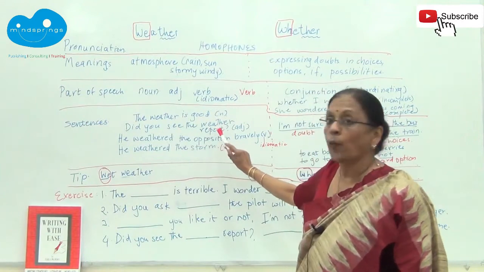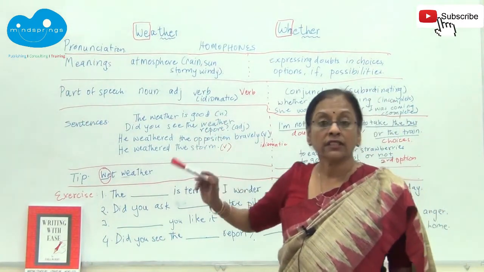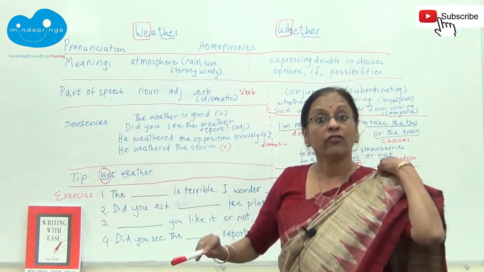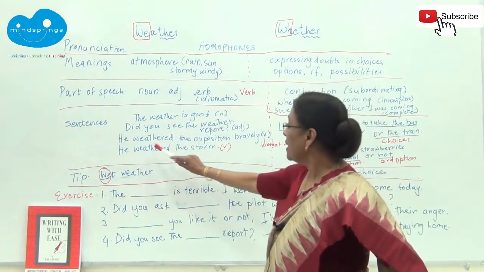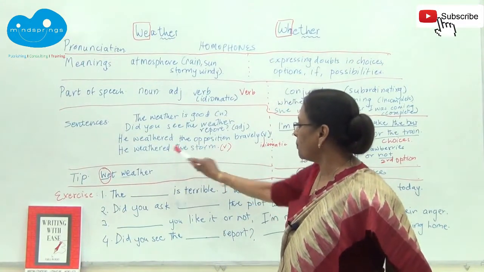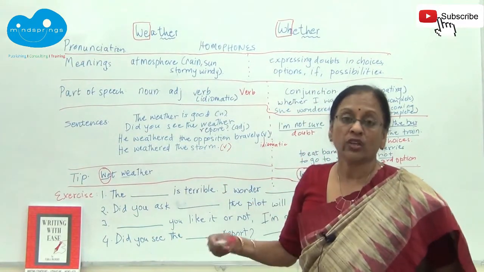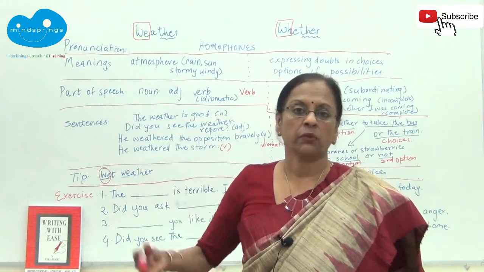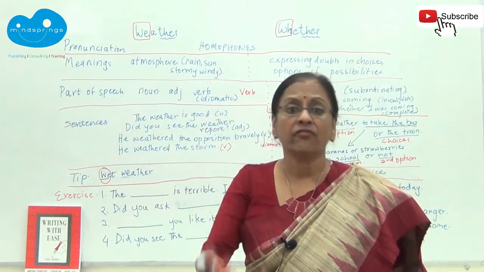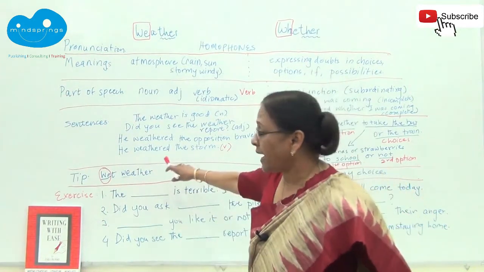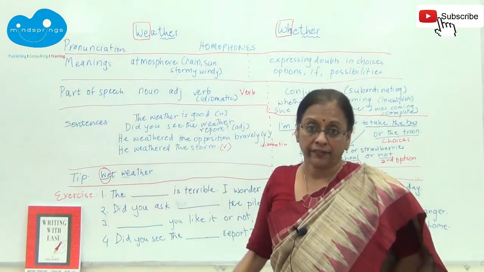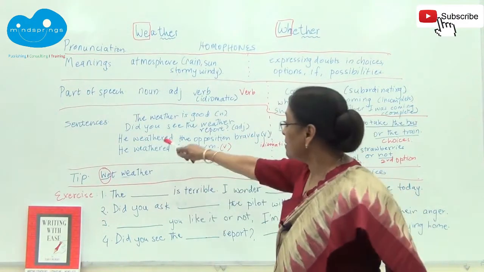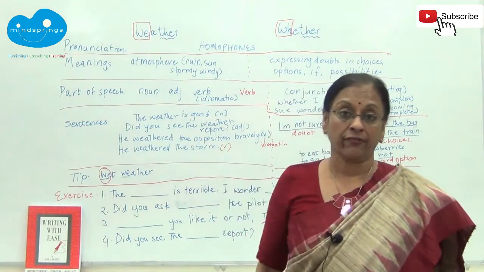Adjective: did you see the weather report? Now what is it? Did you see the report? What kind of report? Weather report, and therefore it's an adjective. He weathered the storm. Let's look at the main verb first. So he weathered the storm means there was a storm, and he weathered it, meaning he walked through it, he survived. It was bad, but somehow he was fine, right? Now, idiomatically you can say he weathered the opposition bravely.